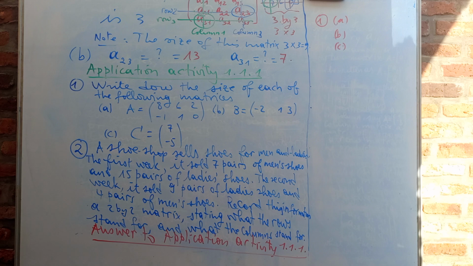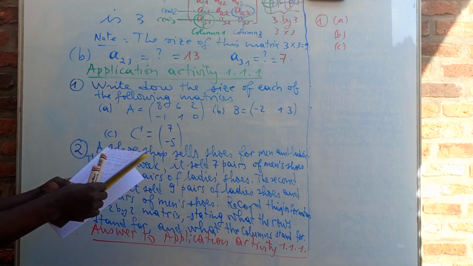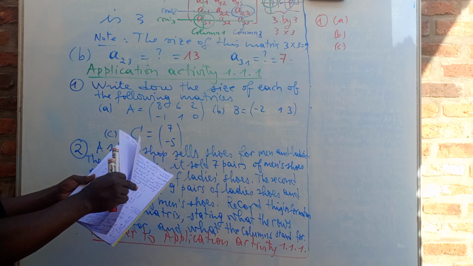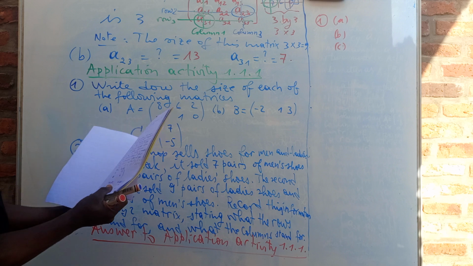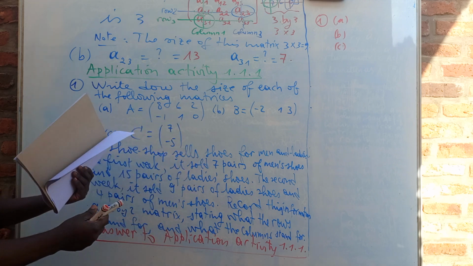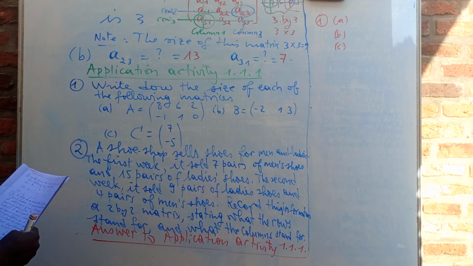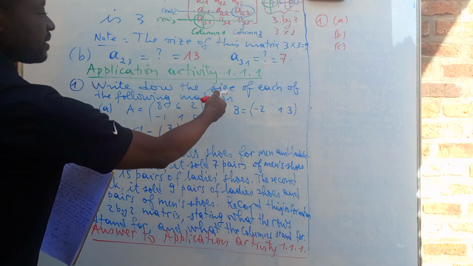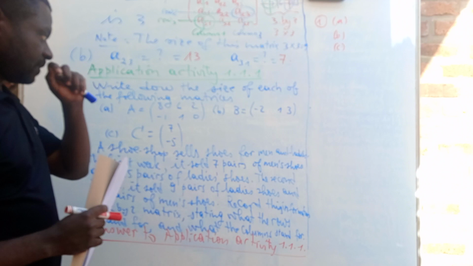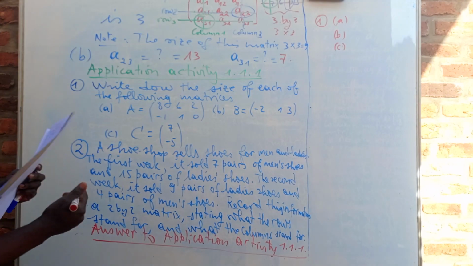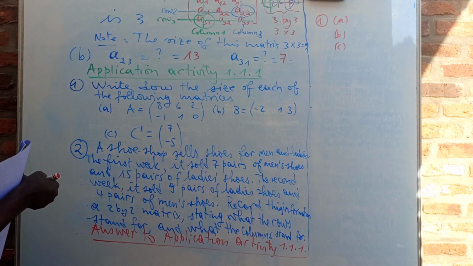Now, let us look at the answers for these activities. Write down the size, not to be confused with the order, of each of the following matrices.